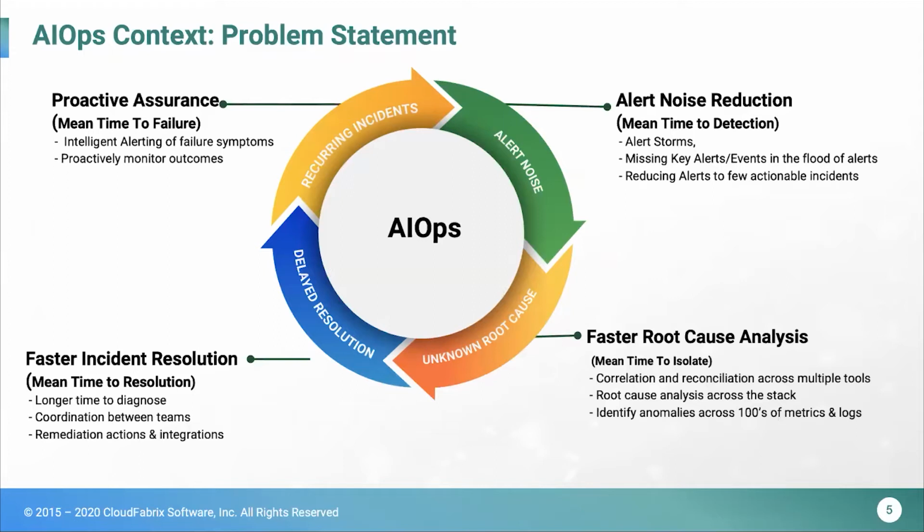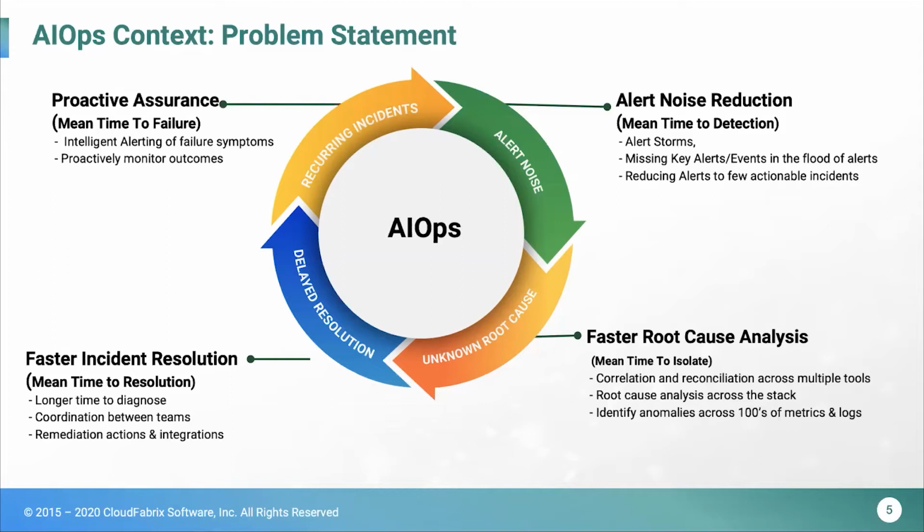So that's the alert noise reduction aspect. The second aspect has to do with faster root cause analysis: being able to group multiple sources of data, provide the dependency mapping, and detect anomalies is the second pillar that we have worked on.